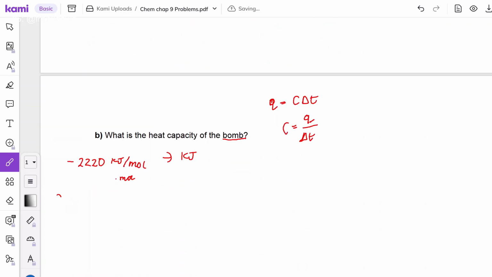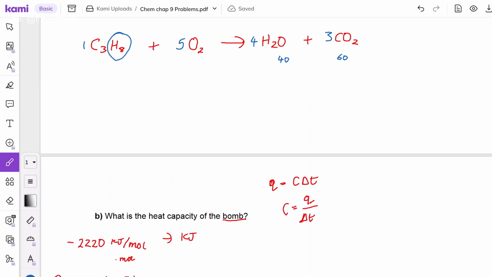Instead of wasting time doing that in this video, I'm just going to give you the actual molar mass itself. The molar mass for propane turns out to be approximately 44.01 grams per mole.